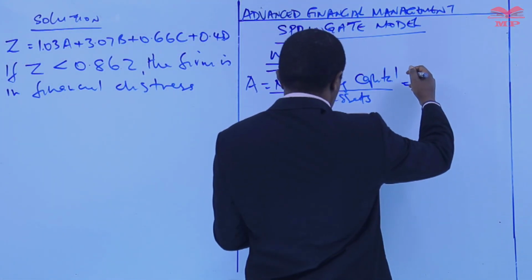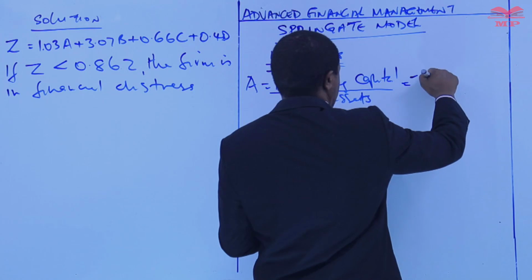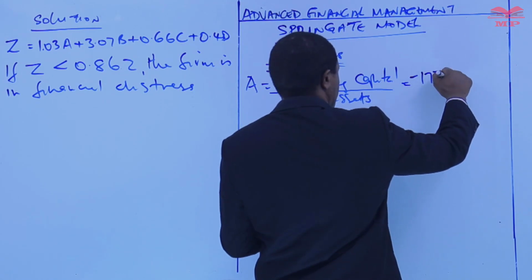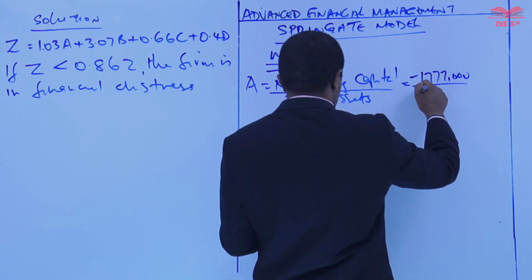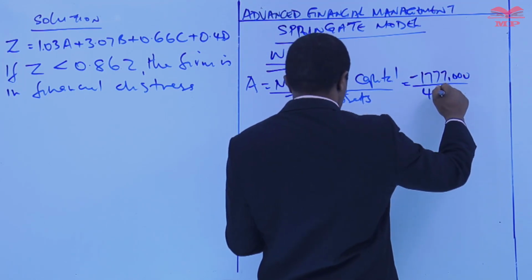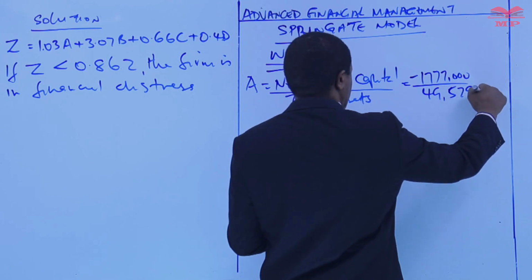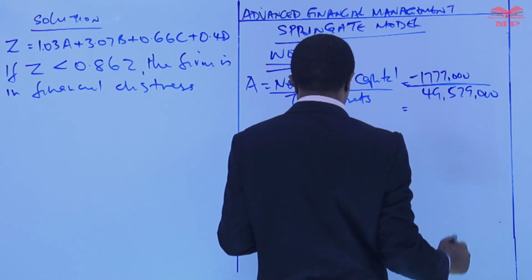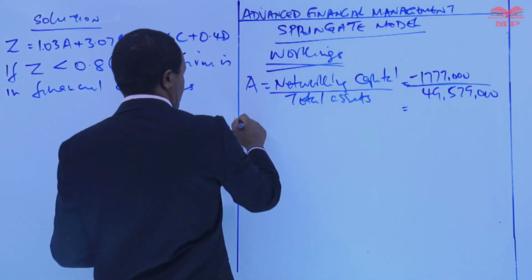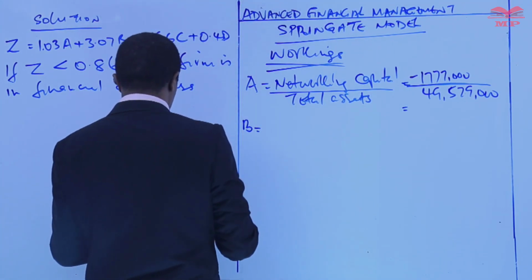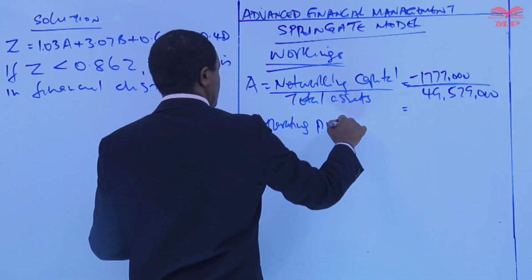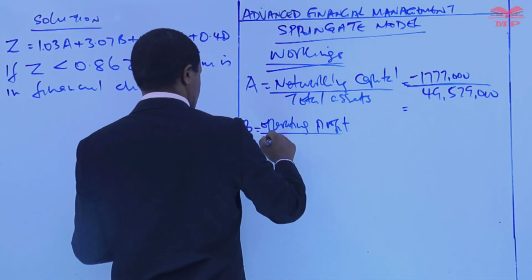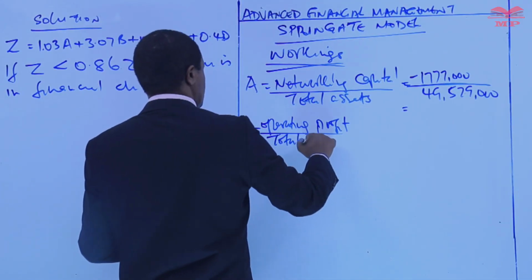This is equal to negative 177 over the total assets, 49,579,000. What is the ratio? Then for B, the formula is also given. Operating profit divide total assets.